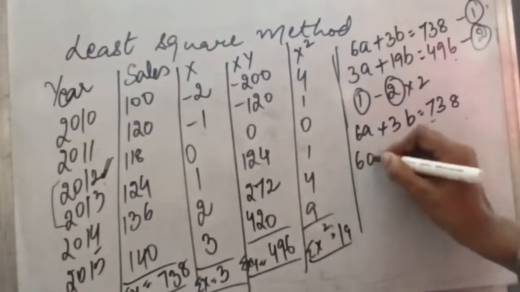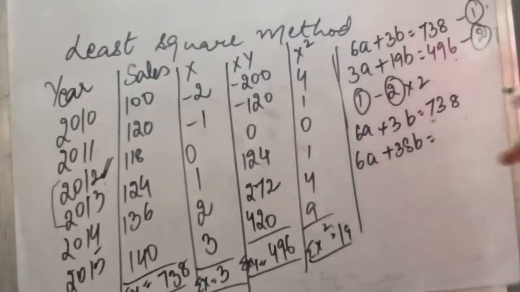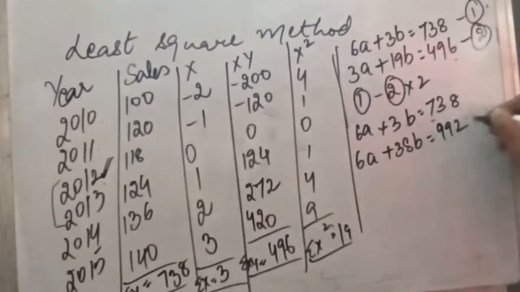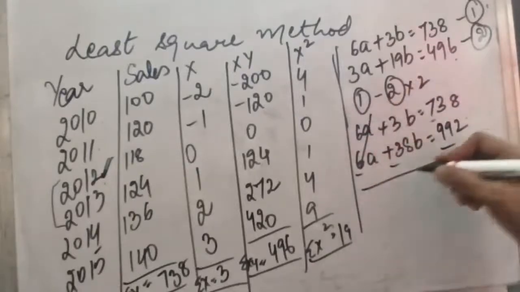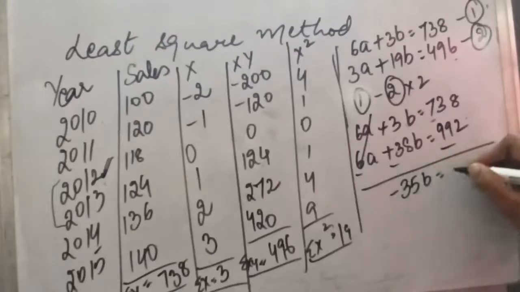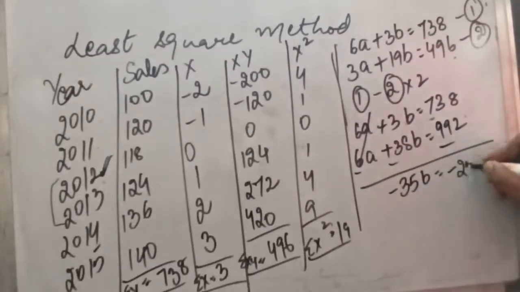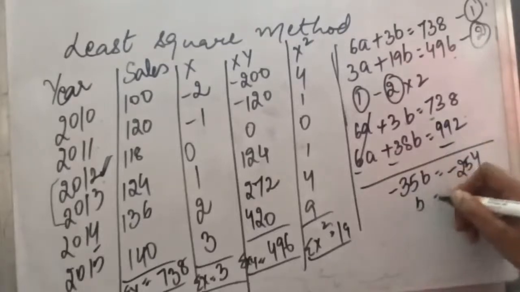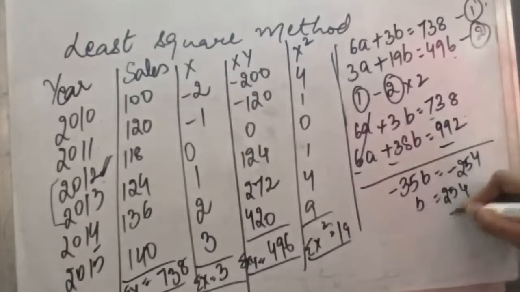When I multiply the second equation by 2, it will be 38b, and 496 into 2 is 992. So this will be cancelled. Minus 35b is equal to minus 254. From here I will calculate b, that is 254 by 35.